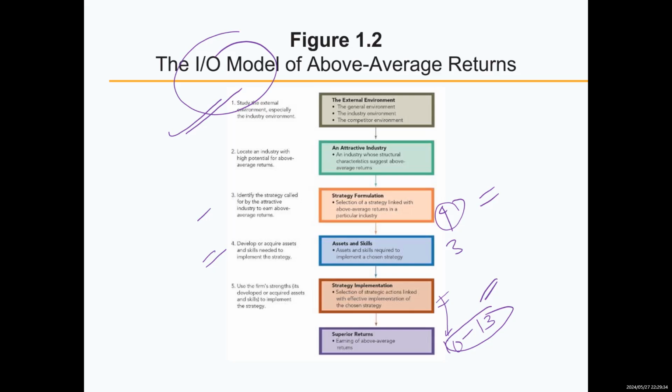So what is the viability of this IO model? Remember, the IO model has been supported by much research. For example, 20% of firms' profitability can be explained by the industry characteristics. 36% of the profitability can be attributed to firms' characteristics and actions taken by the firms.